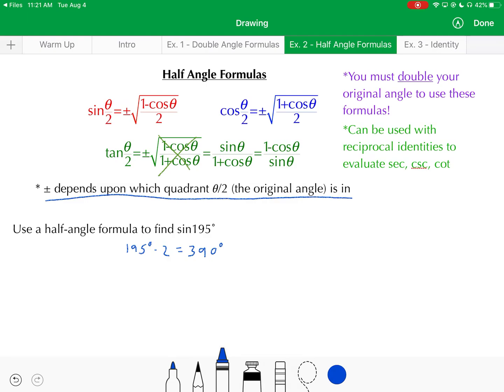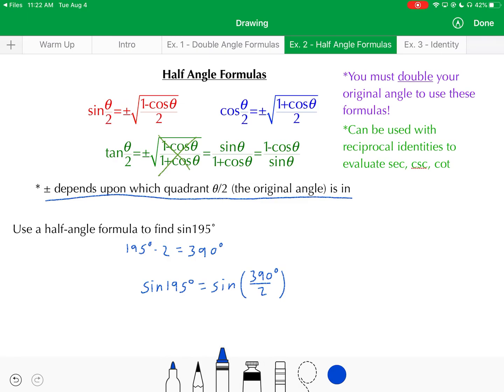And notice 390 is very useful because it has a nice 30-degree reference angle associated with it, okay? So I'm going to think of sine of 195 degrees now as equivalent to the sine of this larger angle 390 divided by 2. So that's again why this is called a half angle formula, okay?